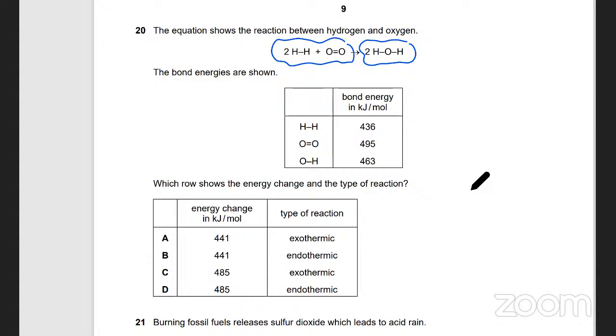When you get your answer, if it's minus, is it endo? Minus means exo. Oh, minus means exo, so it's C.